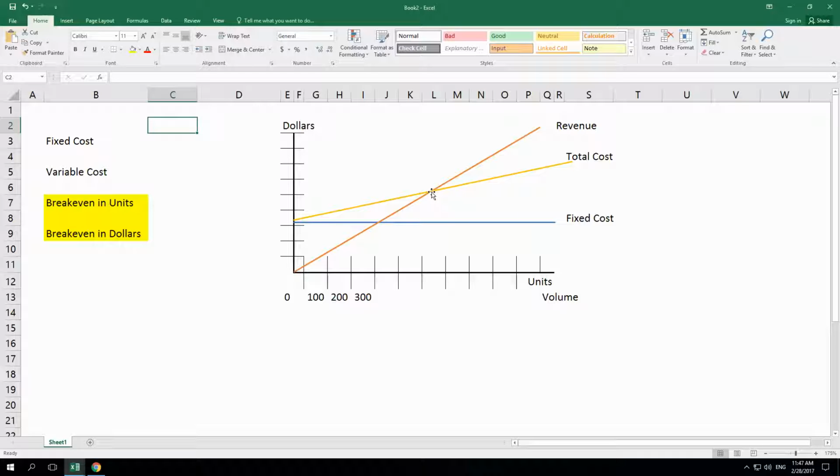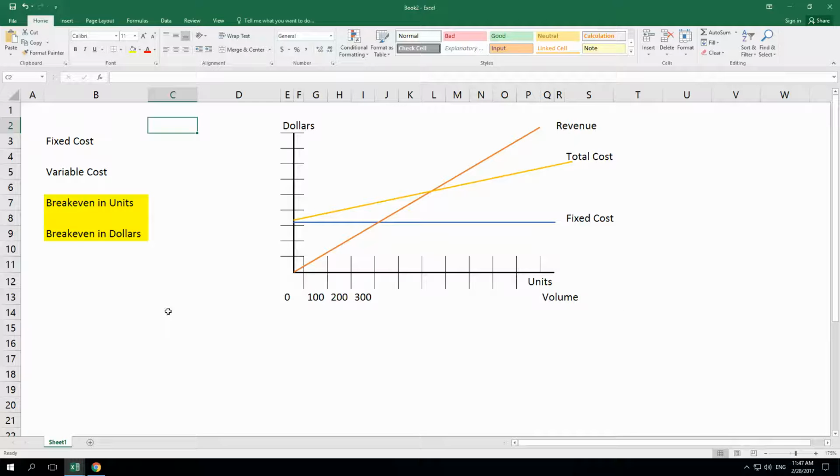Anything before that break-even point, you're running a loss. Anything beyond it, up in this triangle, is your profit. If you can visualize that, this will make more sense.